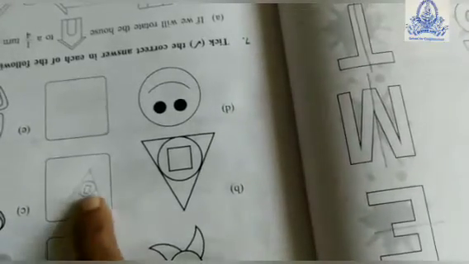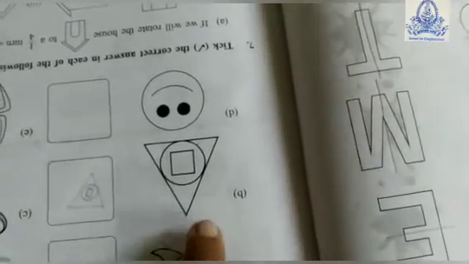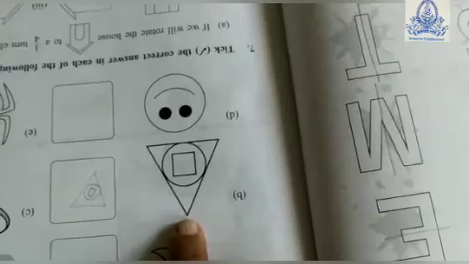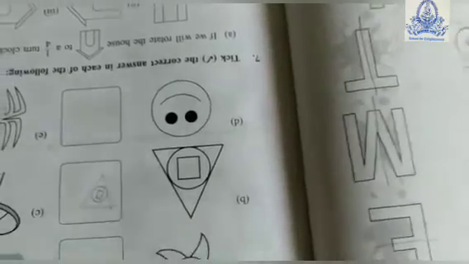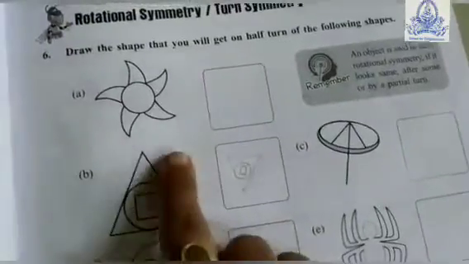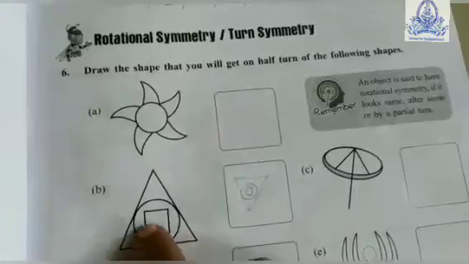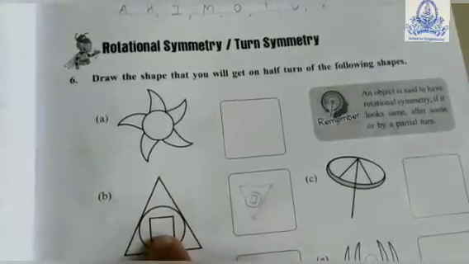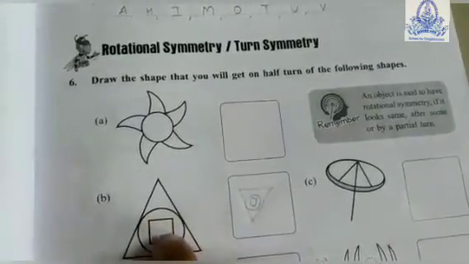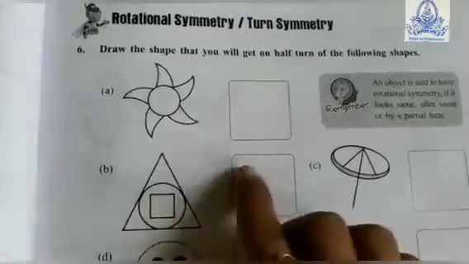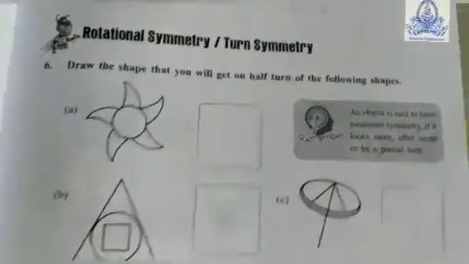This is the answer. And this notch will go like this, downward. Inside this it will remain the same because this is a circle and this is a square, and this line will go upward when you turn the book.